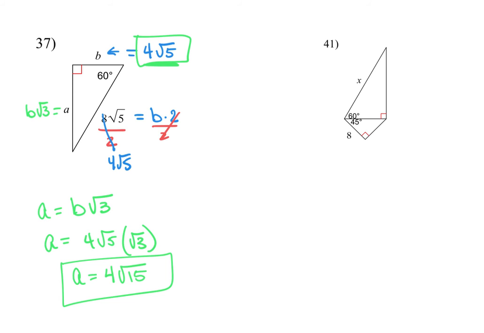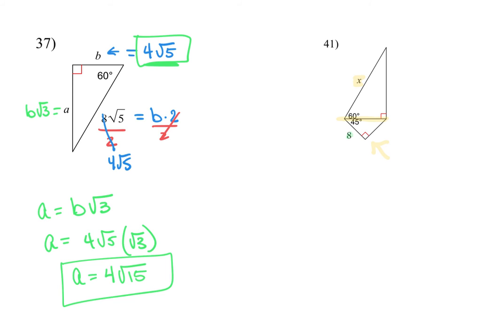So let's look at this guy. Ultimately, what I want to find is this x. So ultimately, I'm trying to find this x, which means I need to start on the other triangle. So on the other triangle, my goal is to solve for that common side. The bottom triangle is a 45, 45, 90.